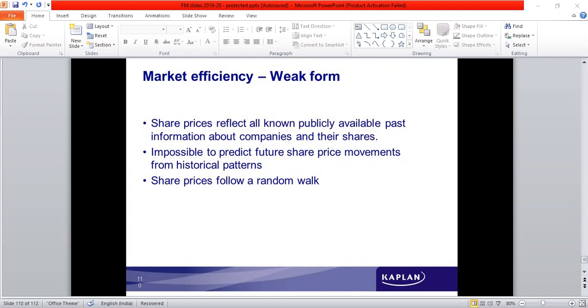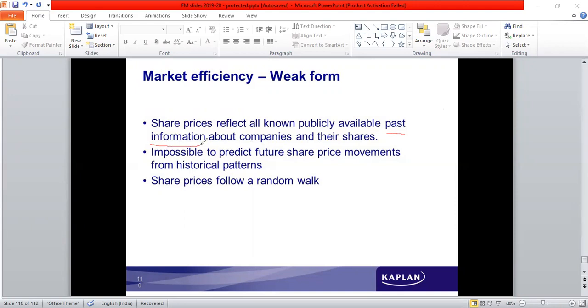So if there is a weak form of market, it says that share prices reflect all known publicly available past information. So they are all dependent on past information. There is no up to date information available to them, based on which they can respond and take decisions.